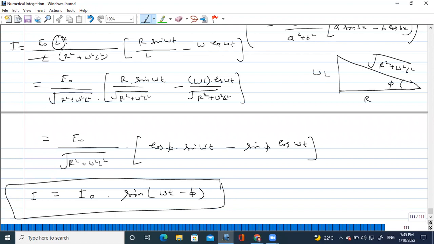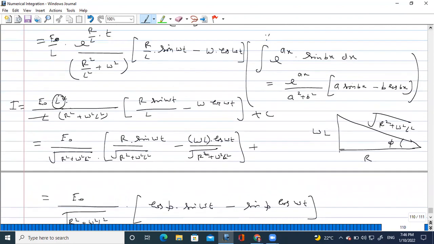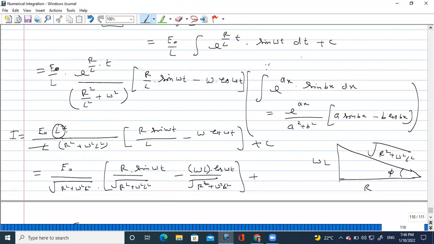Here electronics knowledge is also required, and this is the question of LDE. Actually here I forgot to tell you that there will be some constant also, and that constant will be decided by the analogy of this exponential term. So you take it as C only, no problem.